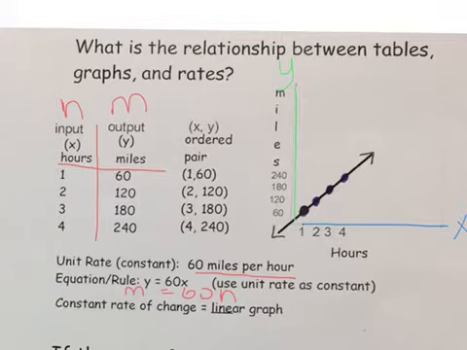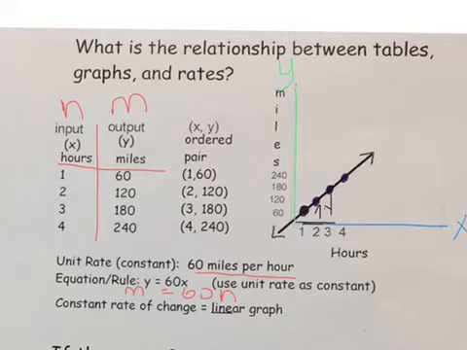Actually, I'm going to redo that because I don't like that. So what you're going to do is you are going to go over 2, and then you're going to go up to 120. So then that is going to be your dot right there. So now for the next ordered pair, you have x is 3, so you're going to go over 3, and then you're going to go up to 180.